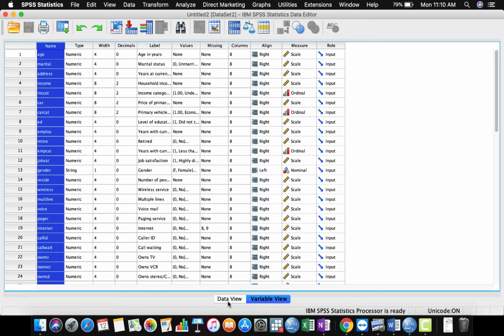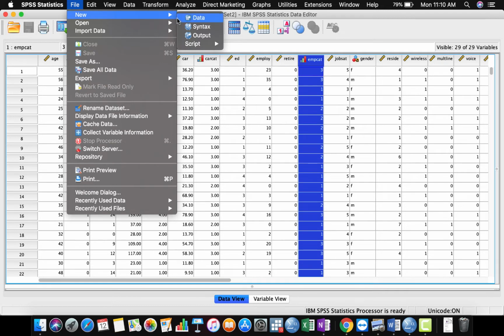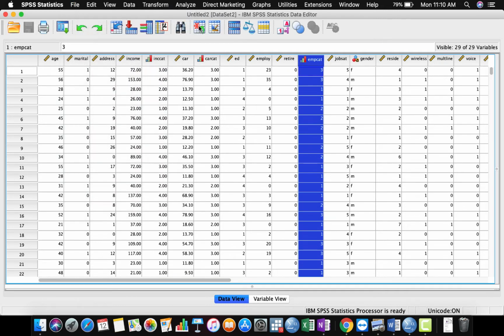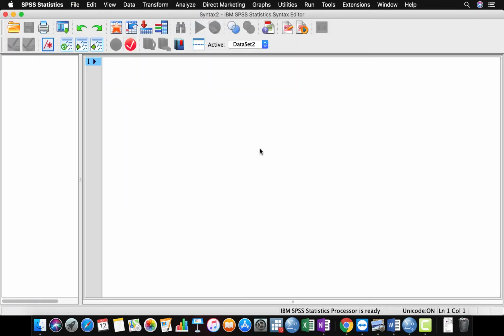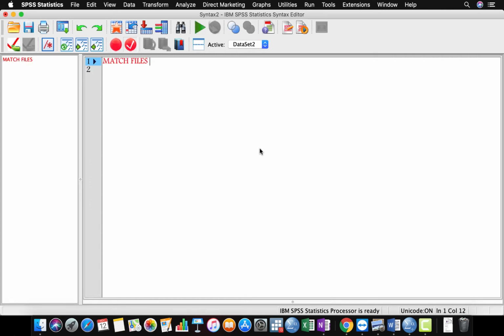To do so, I'm going to open a new file, which is a syntax file. I'm going to type MATCH FILES FILE equal to all, and keep only the income variable and employment category.